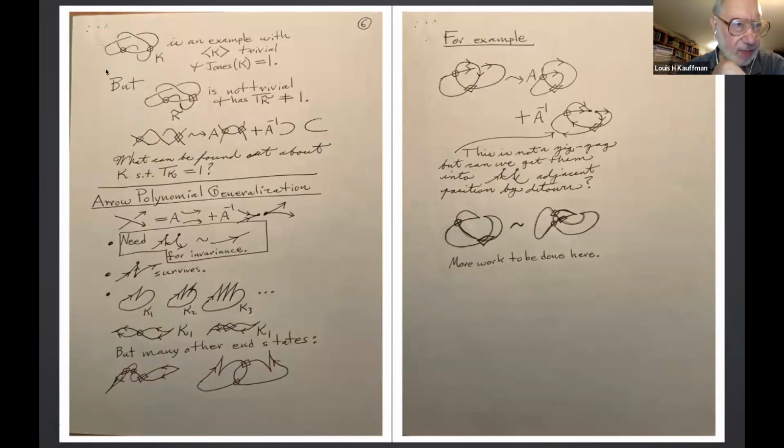Another example of this is the following. Here is a virtual knot with the same virtual crossing here, and that one has Jones polynomial equal to 1, bracket trivial. If you put the immersion crossing and the regular virtual crossing, then of course it's non-trivial, and you can calculate that from the new bracket polynomial.